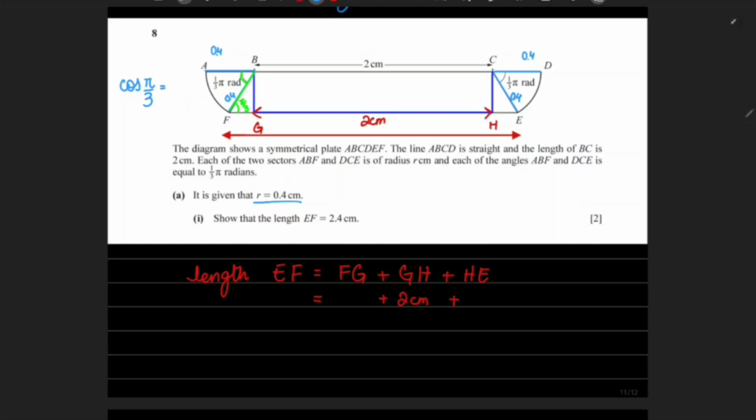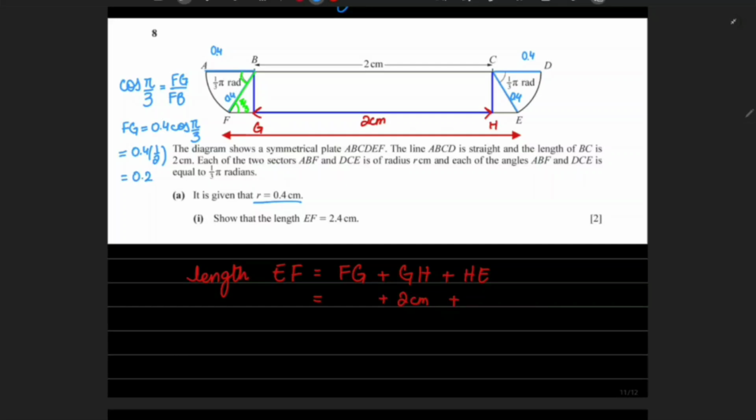So cos pi/3 is FG over FB, and FB is 0.4. So FG is 0.4 times cos pi/3. What is cos pi/3? Cos 60, and that is 1/2. So 0.4 times 1/2 gives you 0.2.